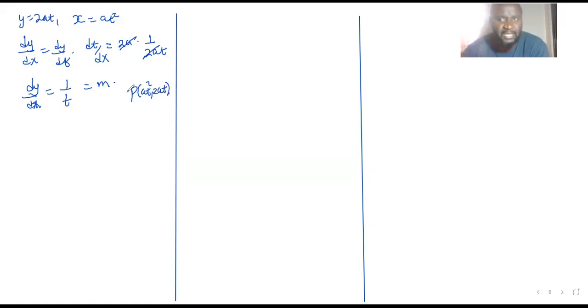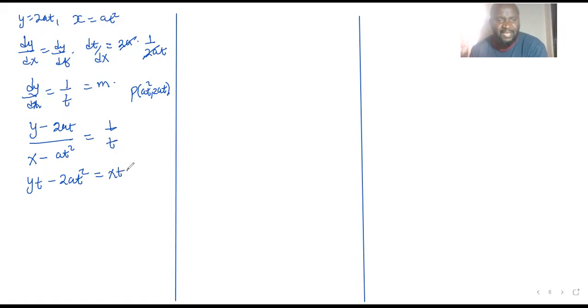When we know the point and we know the gradient, we use any arbitrary point y minus 2at over its corresponding arbitrary coordinate of x minus at squared is equal to the gradient, which is 1 over t. This will give me yt minus 2at squared is equal to x minus at squared.